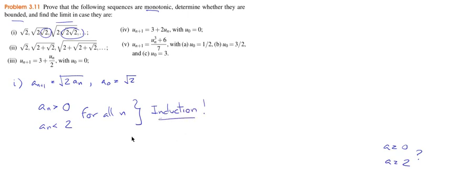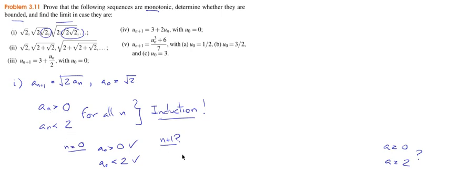We test it for n equals 0, the smallest one. a sub 0 is greater than 0, that's correct, and a sub 0 is smaller than 2, that's correct. Now we assume it is true for some n, so a sub n is greater than 0 and a sub n is smaller than 2.